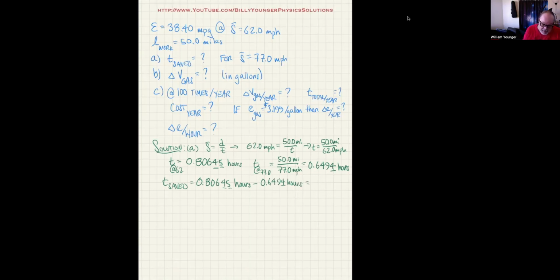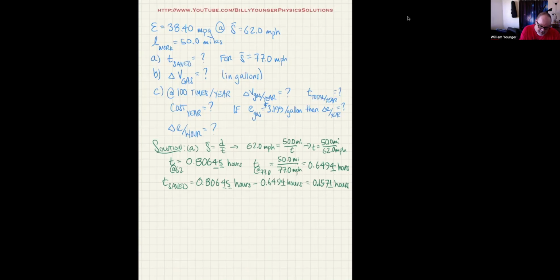But I'll say minus, and I get 0.157. And the next digit is actually 0 and then 9. So the extra sig fig is just going to round to 1. So I save about 0.1571 hours.